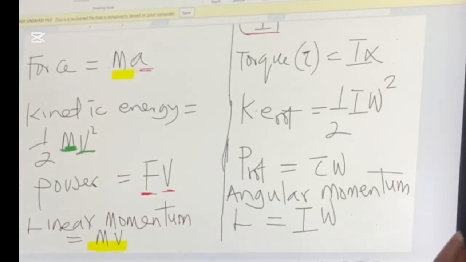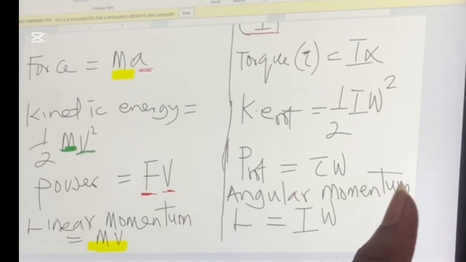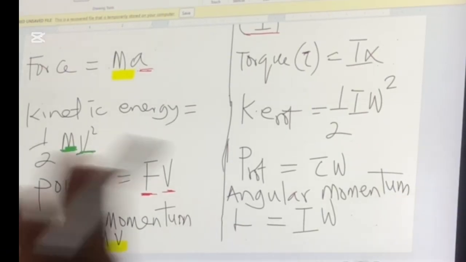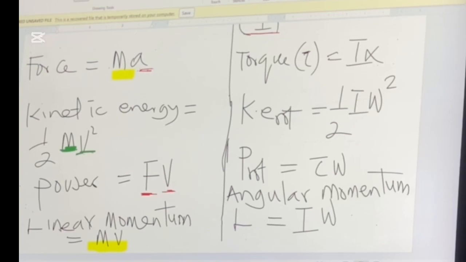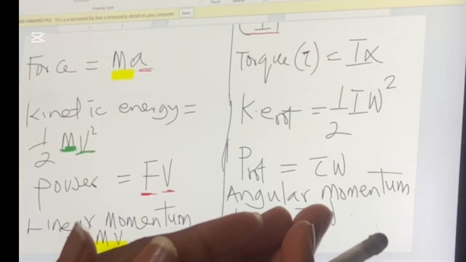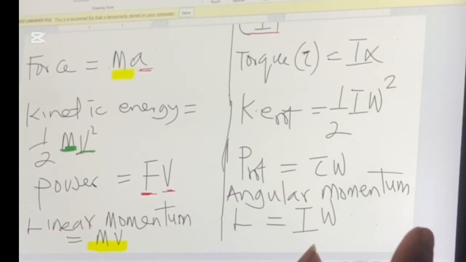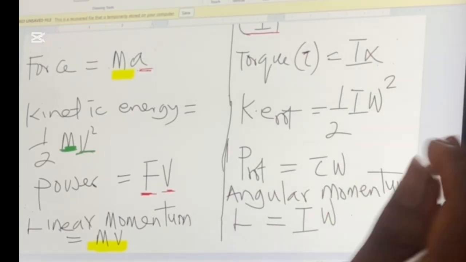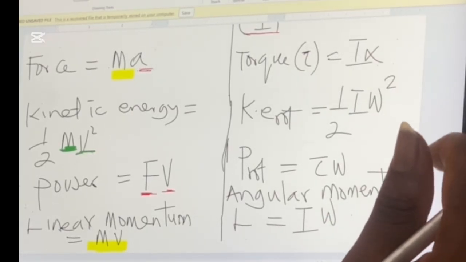So these are the formulas that you need to know in circular motion. We use the linear motion parameters to relate with circular motion to understand the formula properly. Now let's go back to the question here, class.